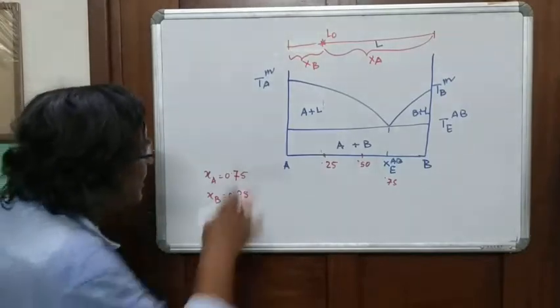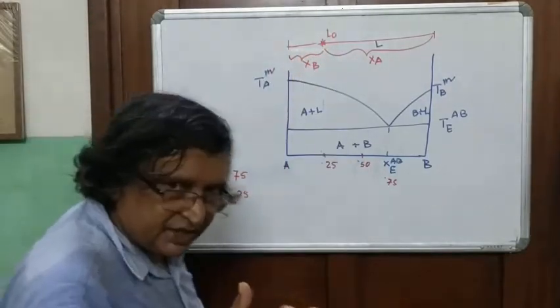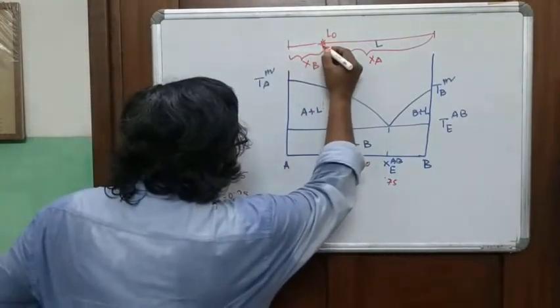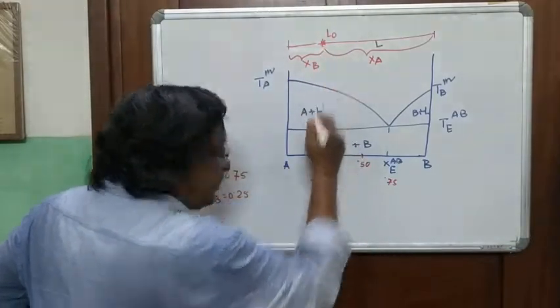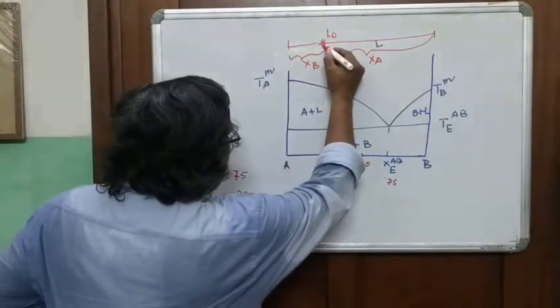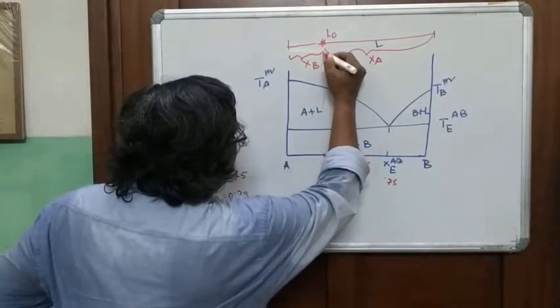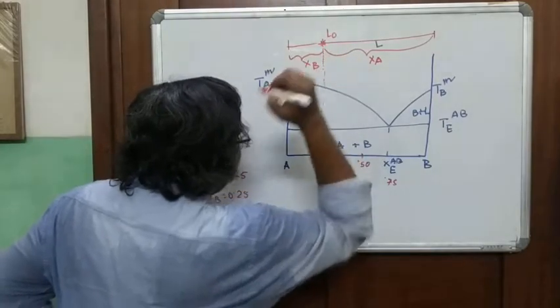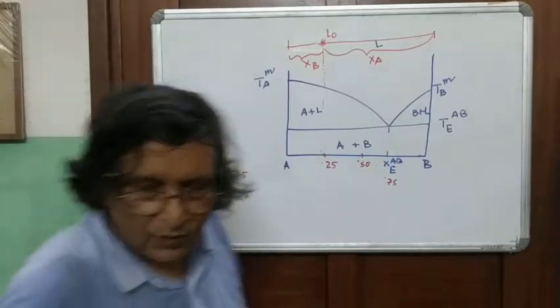Now, we are learning about crystallization. During crystallization, the temperature, of course, decreases. And therefore, the coordinates of the melt move along this line and it reaches here. Have you understood?